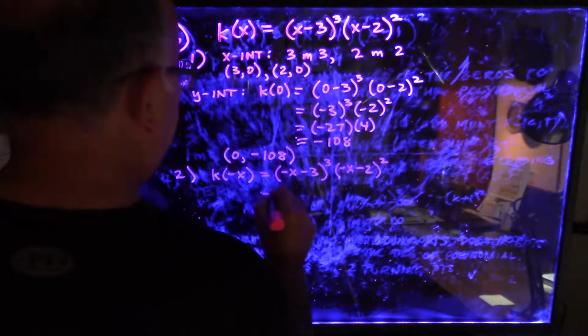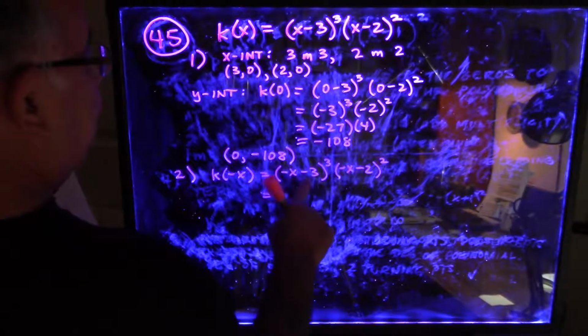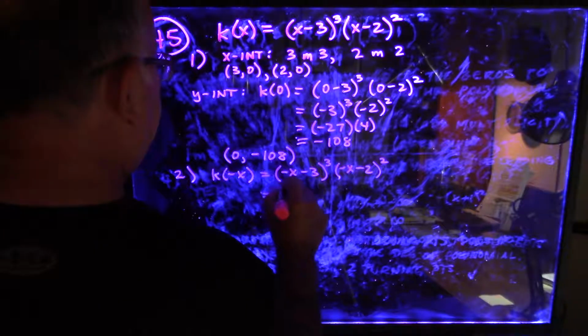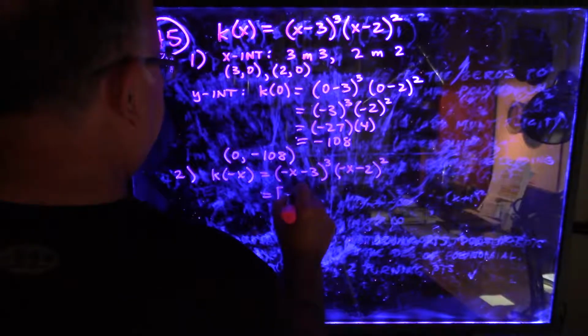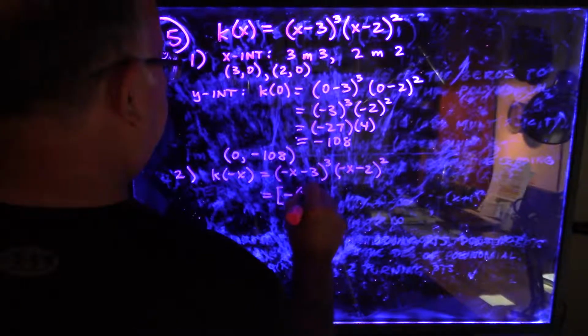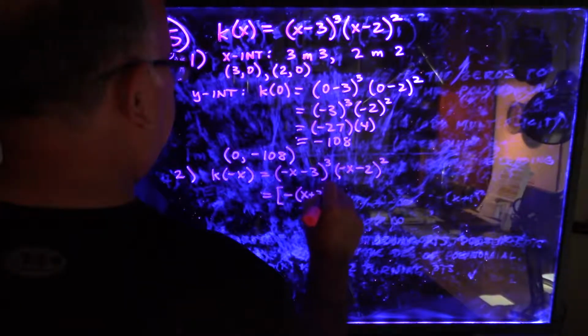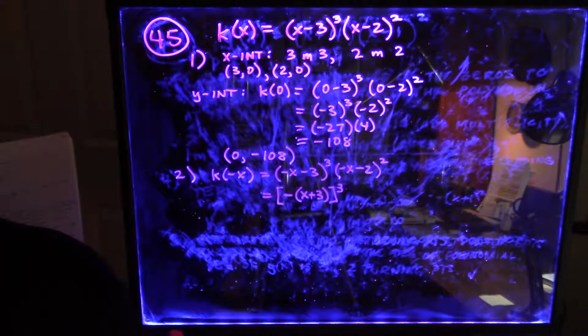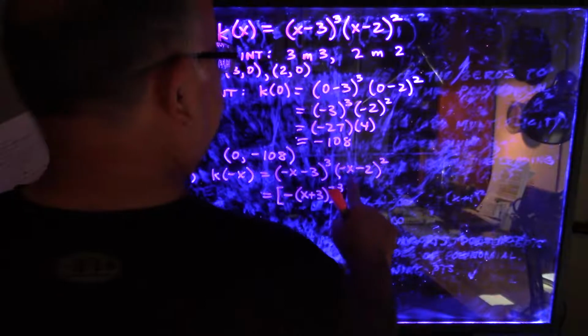And so we can factor a negative 1 out of these two terms inside the parentheses, so I'm going to do that here. Like that. You could do the same thing here.